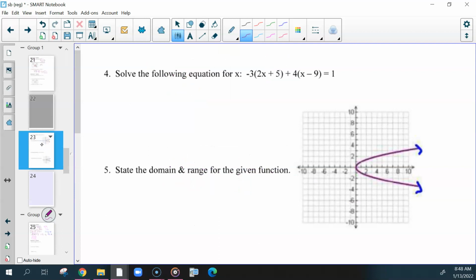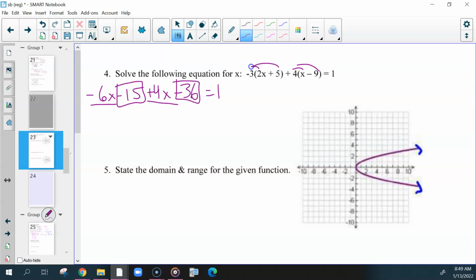Number 4, you needed to solve. To start off by distributing, you have negative 6x plus 15, minus 15, sorry, plus 4x minus 36 equals 1. Combine your like terms.